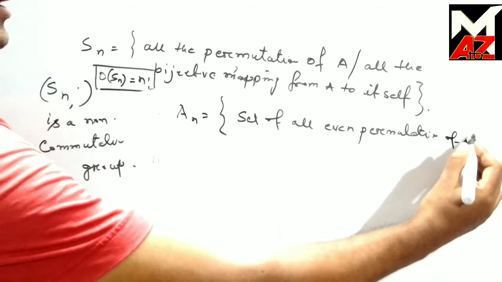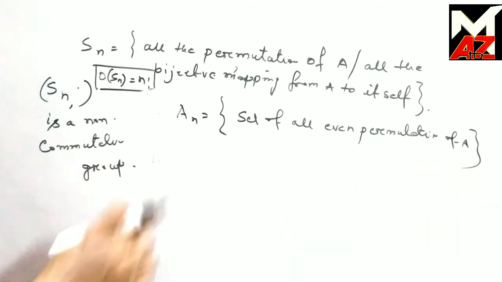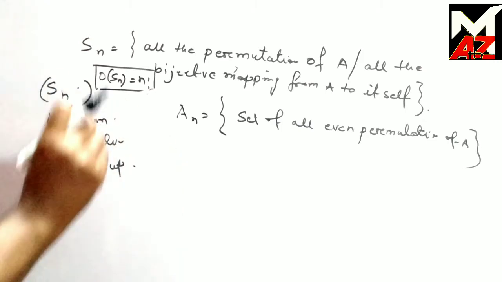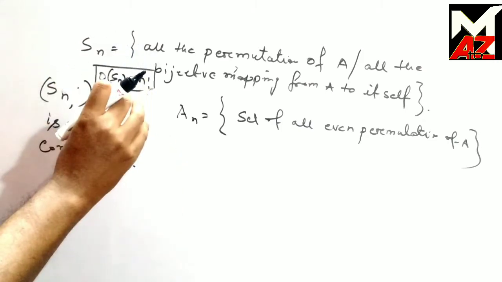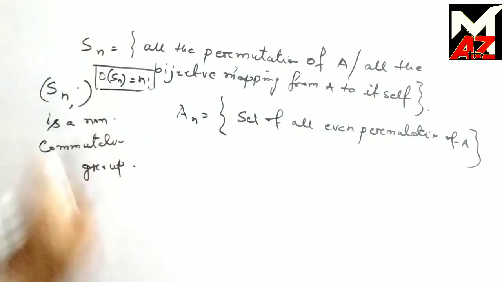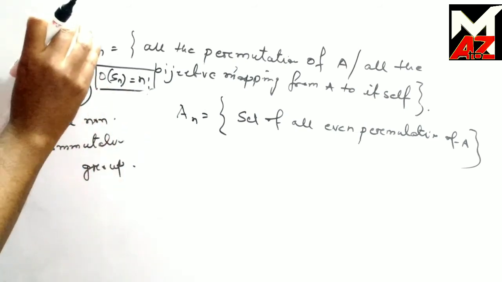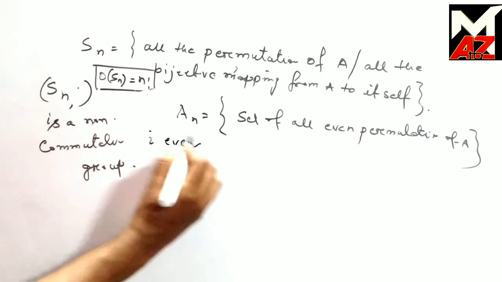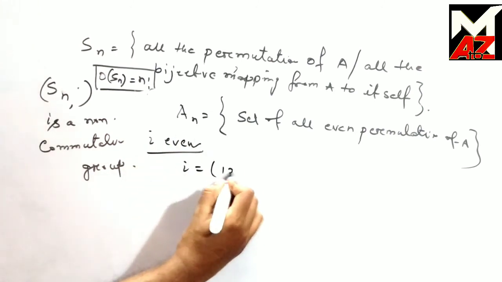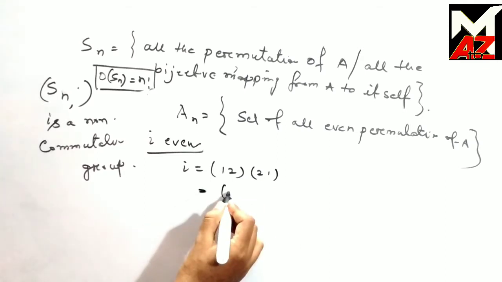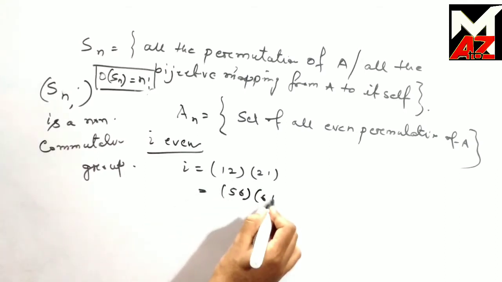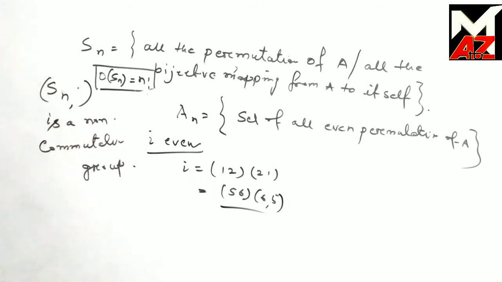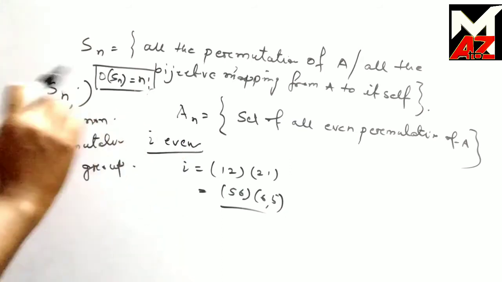Okay, and we already know that the number of even permutations is half of n factorial, because half of the permutations are even and half are odd. Also, the identity permutation is always an even permutation, because it can be written as the multiplication of two transpositions, like (1 2)(2 1) or (5 6)(6 5). So it is an even permutation.